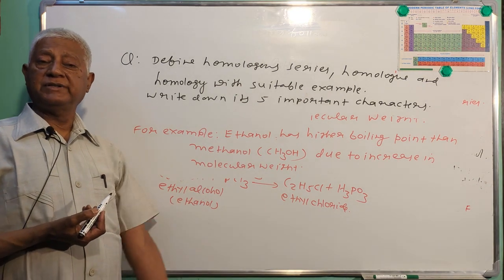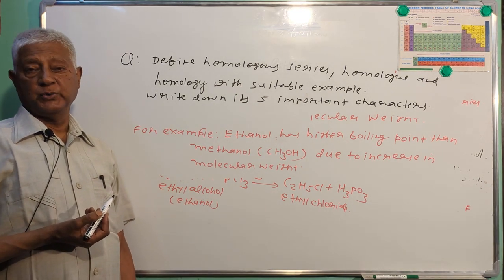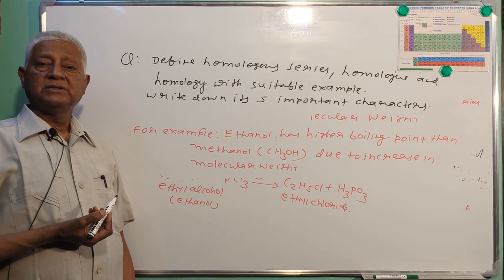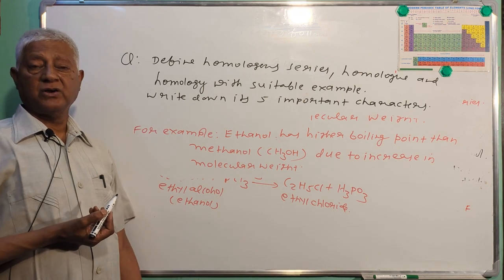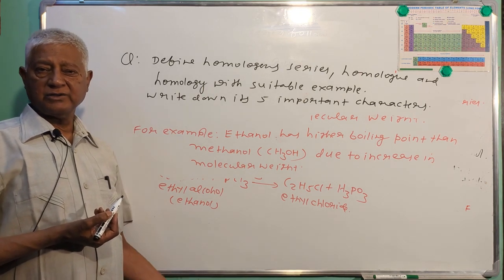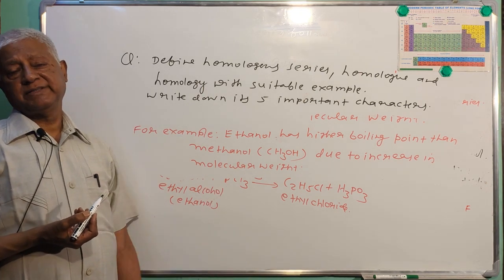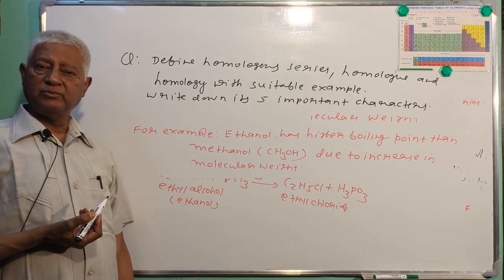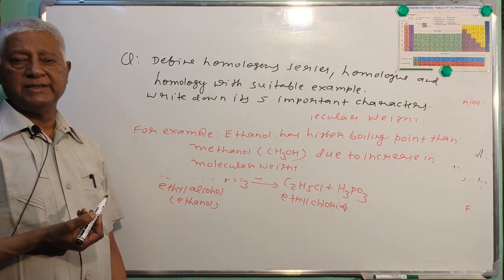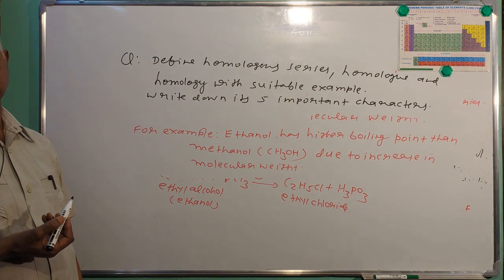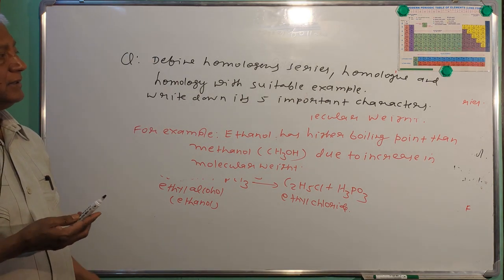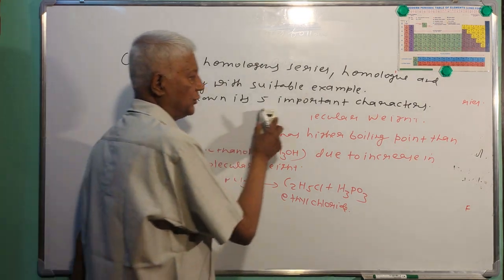Why? Because they have a similar functional group. Next one, they have similar chemical properties. Why? Due to the presence of the same functional group. And the last one is there is a gradual change in physical properties like melting point, boiling point, density when you go from top to bottom in the same homologous series. I think you can write the answer to this question.